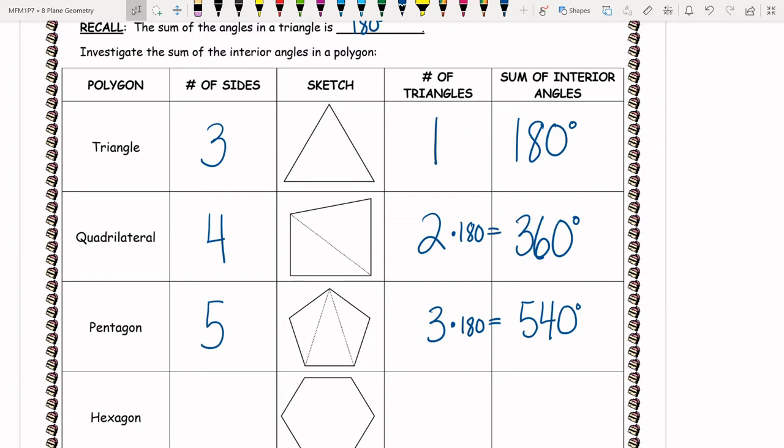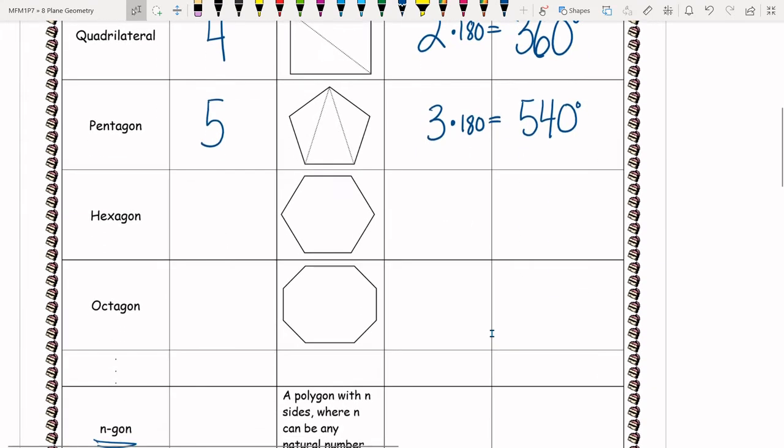Let's try a hexagon. The hexagon has 6 sides. How many triangles is that one going to have? Let's draw it. You would go from here to here, here to here, and here to here. You have to start from one vertex, and your triangles have to be non-overlapping to be able to see this clearly. Let's count how many triangles we had.